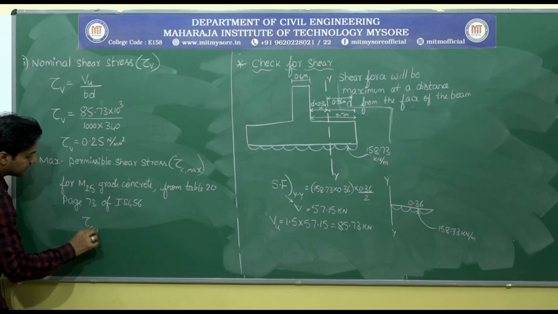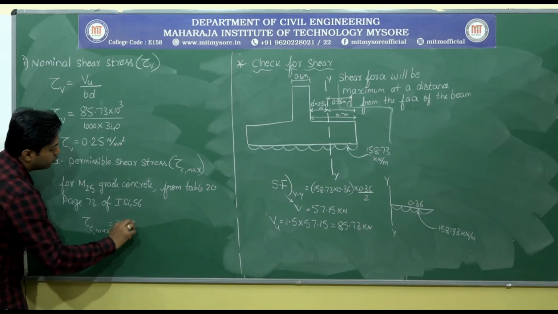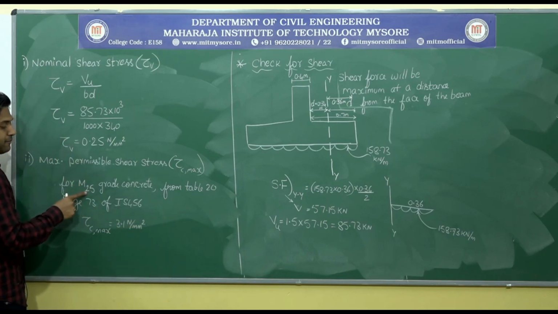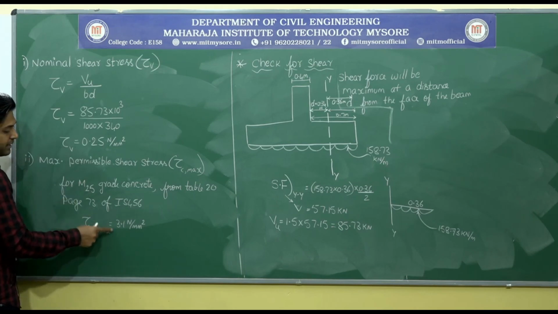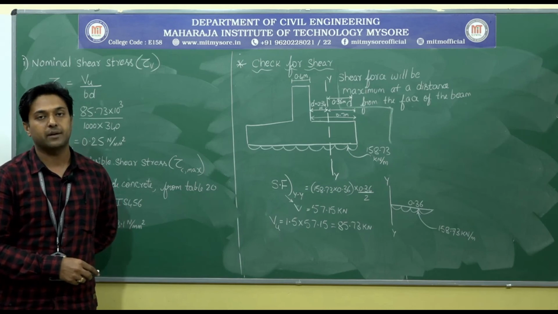So what is the value of tau C max? It's 3.1 Newton per mm square. If it was M20, then the tau C max value would have been 2.8 Newton per mm square.